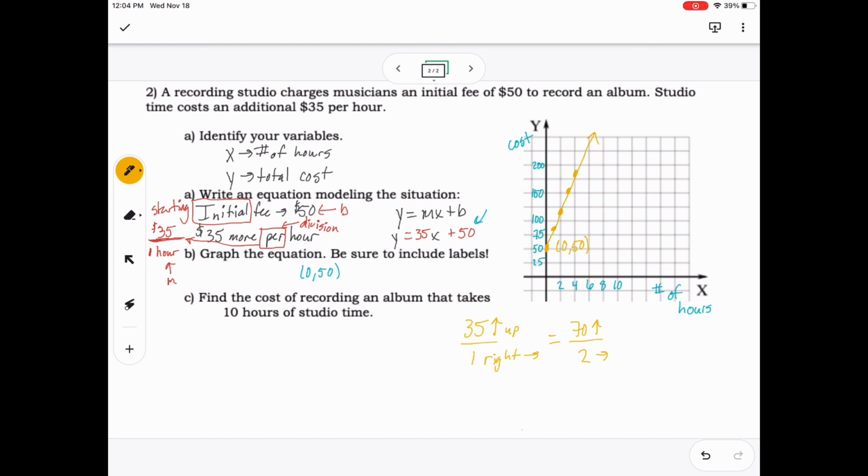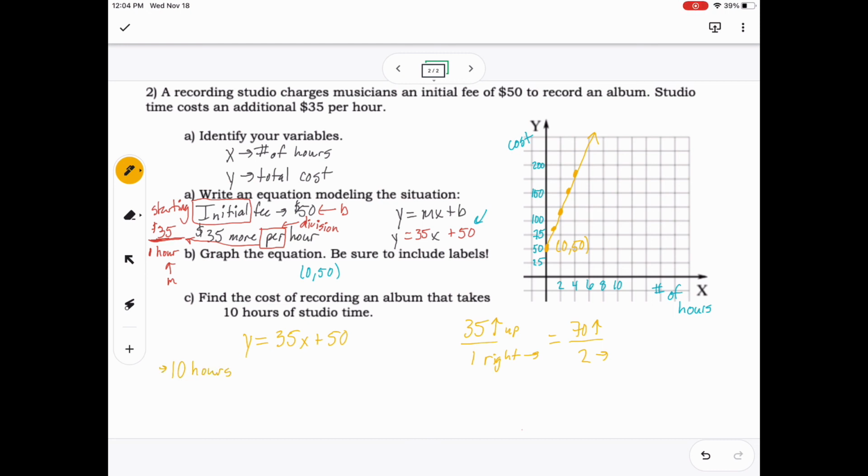Okay, so then now it says find the cost of recording an album that takes 10 hours of studio time. Okay, now this last little part is giving you a value and asking you to find the other. And this is something you've done before in the last unit when you changed the formula to help you out. So if you wrote y equals 35x plus 50, think about what 10 hours means.